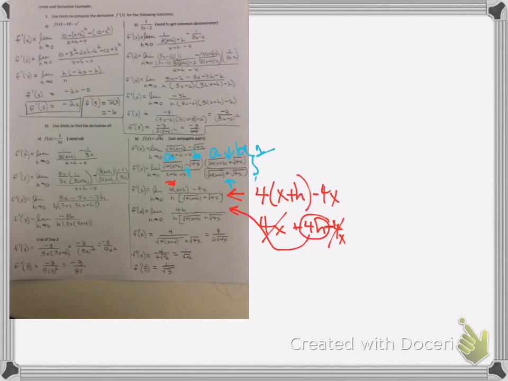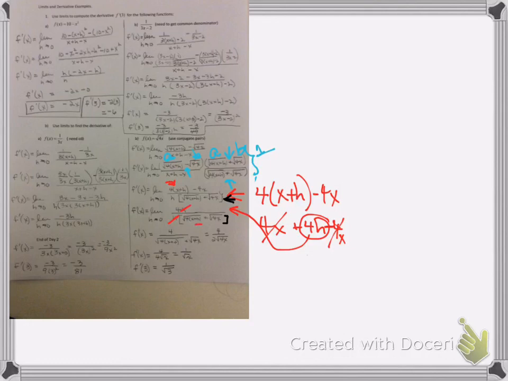Then I still have the same denominator I had over here, just written next to the h. And at this point, let's cancel out this h with that h, and I'm left getting ready to actually take the limit.